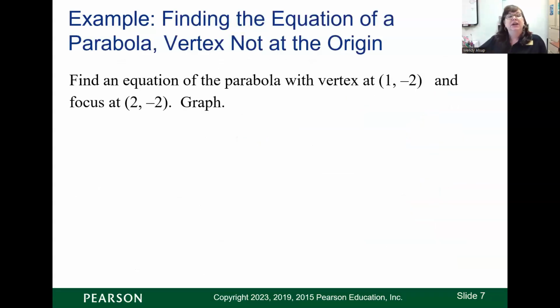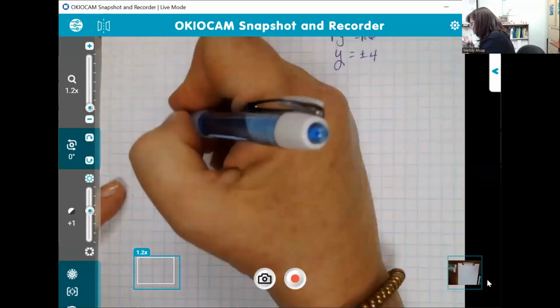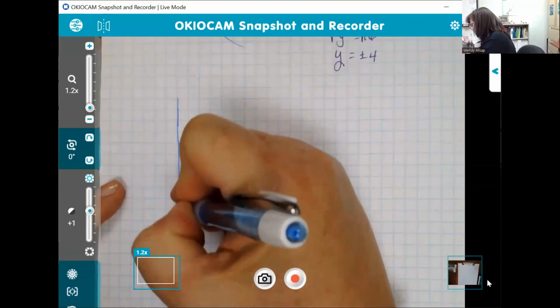How about the equation of the parabola with a vertex at (1, -2) and focus at (2, -2). All right, so now we've got a little difference, not at the origin. So let's do it again. Same thing, draw our axes.